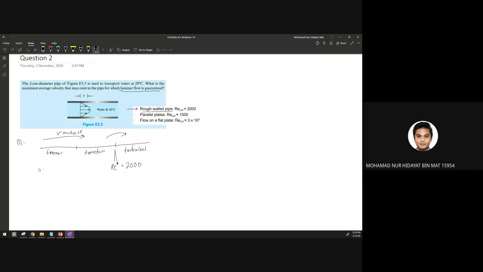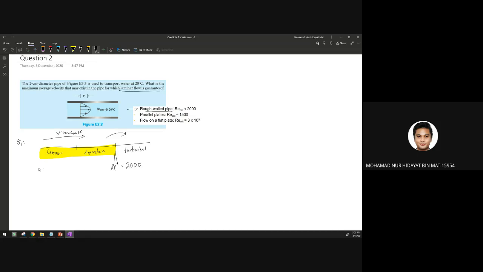So what do you think when it reaches the critical Reynolds number? Definitely the velocity will become the maximum. From here, the flow will become maximum.